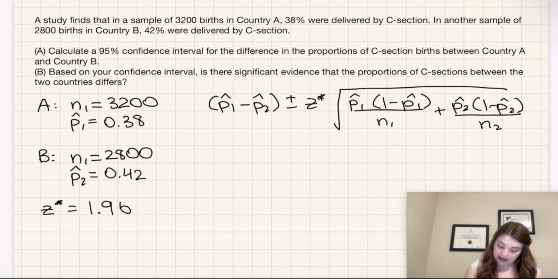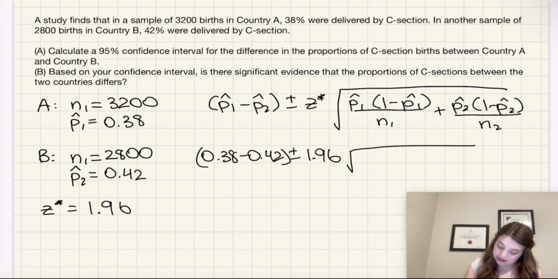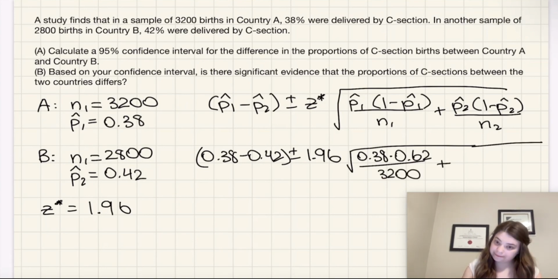Okay, so P1 hat, that's going to be 0.38 minus 0.42, plus or minus 1.96 times the square root of 0.38 times 0.62 divided by N1, which is 3,200, plus P2 hat, so 0.42 times 0.58 over N2, which is 2,800.